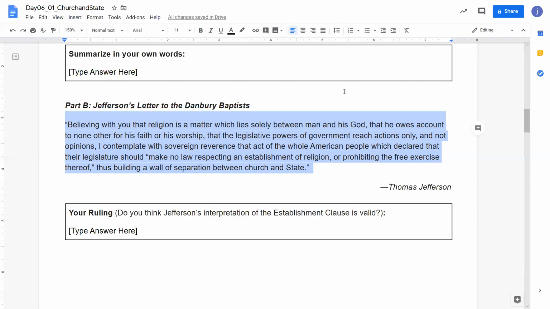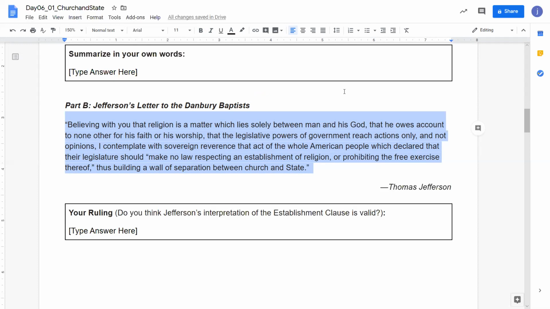So here in this letter, Jefferson is agreeing with the Danbury Baptists' opinion of keeping government separate from religion. He's giving the example that religion is a matter between the person and their God. That's the relationship of religion. It's the individual person and whatever religion they believe in. It's got nothing to do with the legislative powers of government, the Congress, lawmaking.